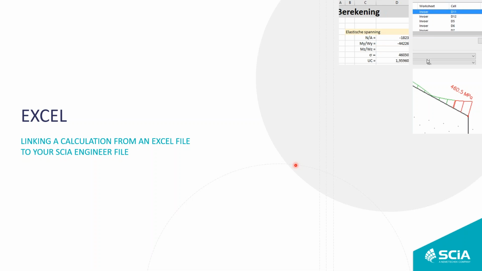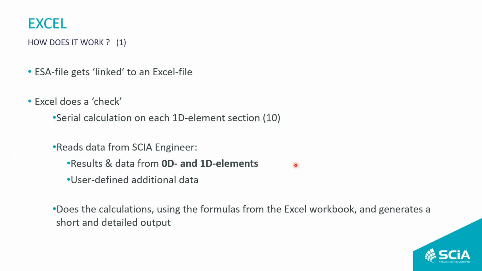So we are going to link an Excel file to a SCIA Engineer project file, and use the Excel to do the calculations, and then visualize the results afterwards in SCIA Engineer. So how does this work? Now, what we are going to do is we are going to create first an Excel file in which we will use formulas and those things to do the calculation that we want to do.